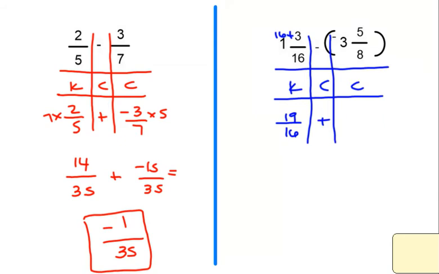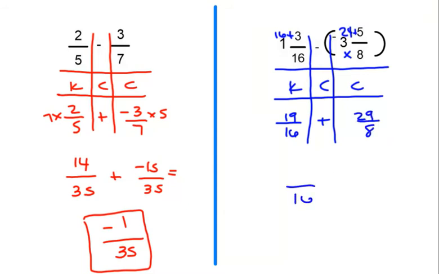Change the minus to a plus. And this guy right here, he's negative, so he's going to become positive as I bring him down. That's going to be 8 times 3 is 24. 24 plus 5 is 29 over 8.